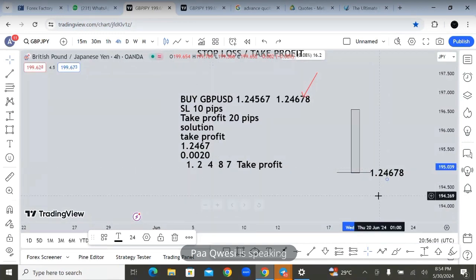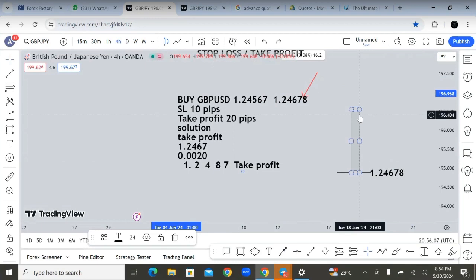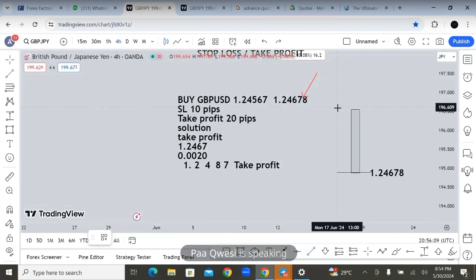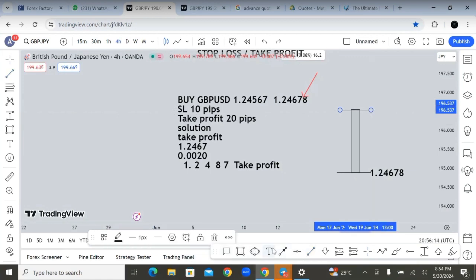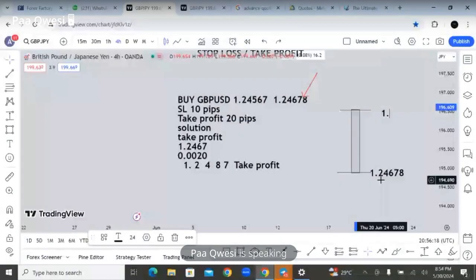So you see 1.2487 is greater than this one. So the take profit will be here. This is the price you are going to set: 1.2487. Okay, so this is the take profit price.